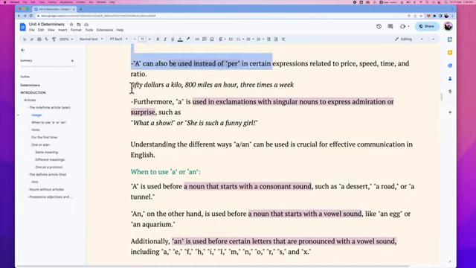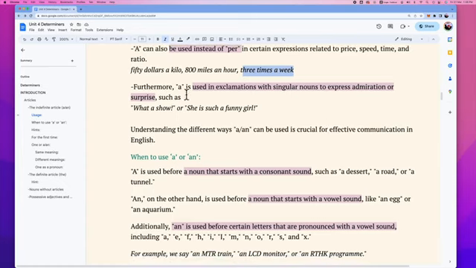For example, $50 a kilo, 800 miles an hour, 3 times a week. And also in some exclamations, we use singular nouns to express admiration or surprise, like, what a show! She's such a funny girl.